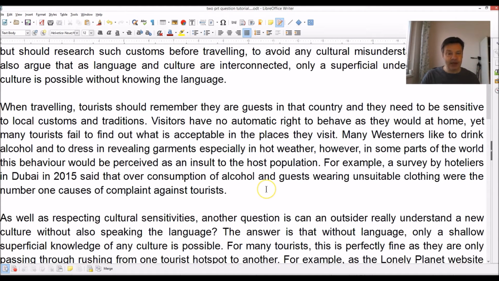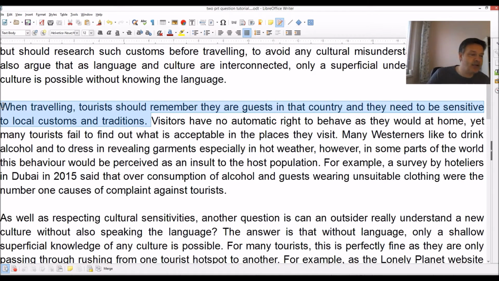So we're basically going to be saying, briefly answer the question, explain, and give an example that illustrates that point. So, when travelling, tourists should remember they are guests in that country and they need to be sensitive to local customs, etc. Okay.